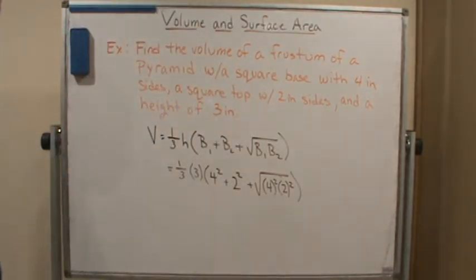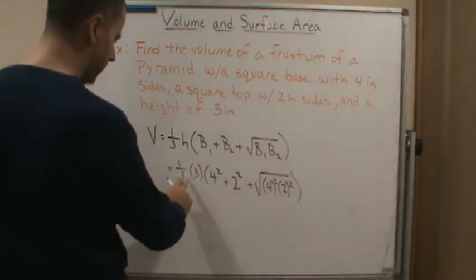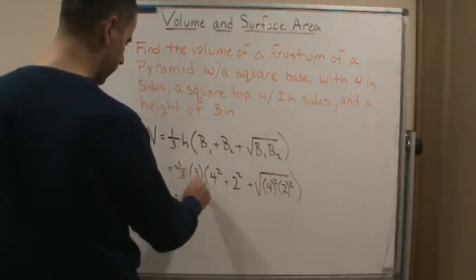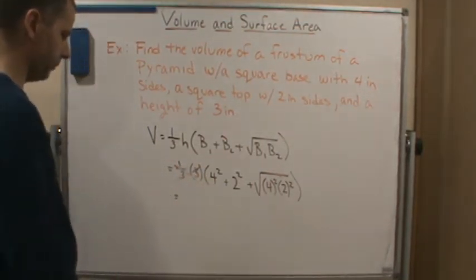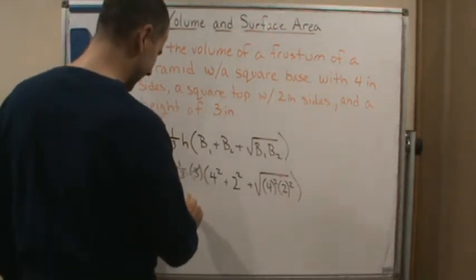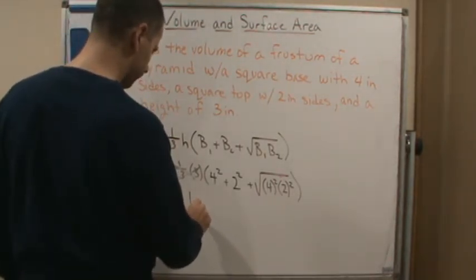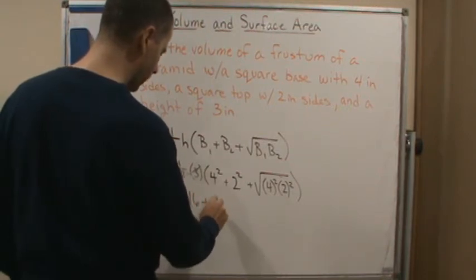Okay, so now let's see if we can simplify this thing. Well, 1/3 times 3 is 1, so those go away and make 1. 4 squared is 16. Two squared is 4.